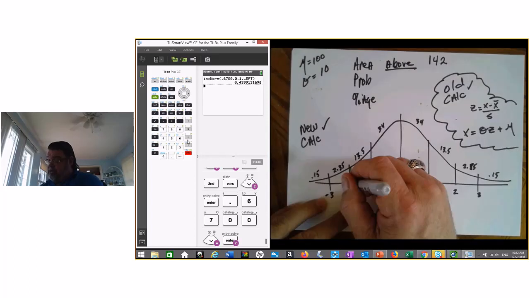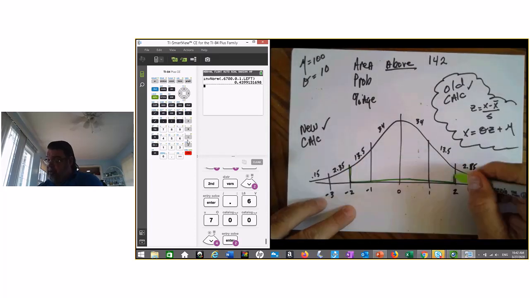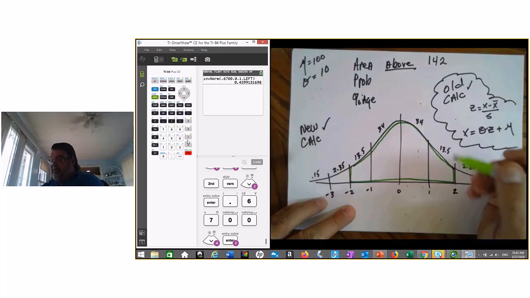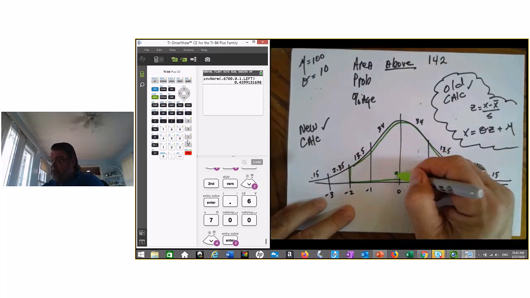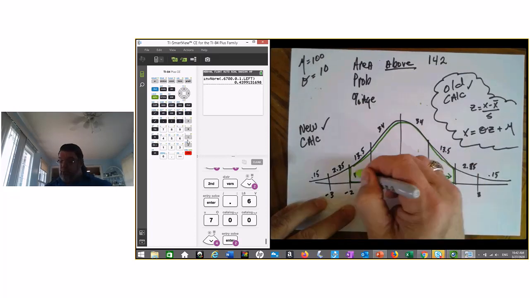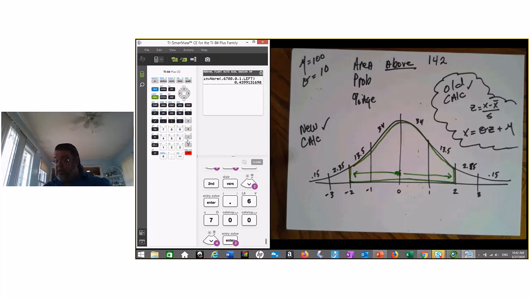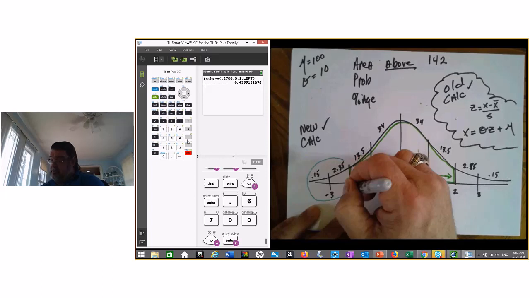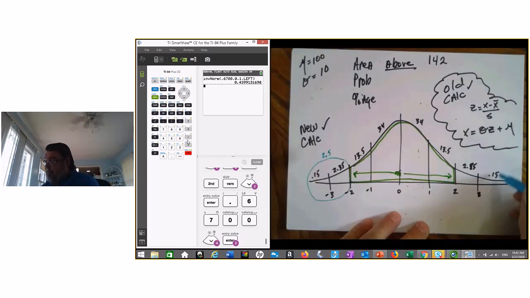And I tell y'all this over and over because I want to make sure everybody does this. That's normal, that's 95%, it falls within 2 standard deviations. And the nickel rule is, what is 2.5 plus 2.5? That's a nickel, right?